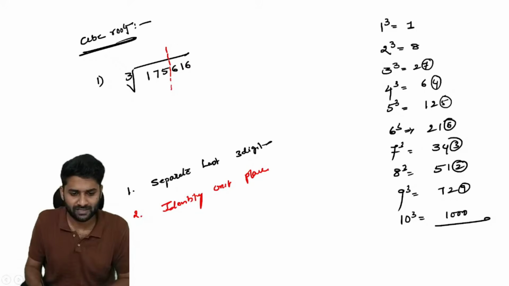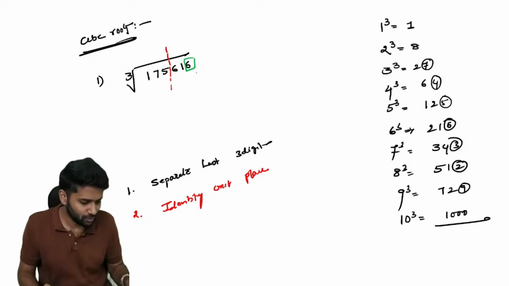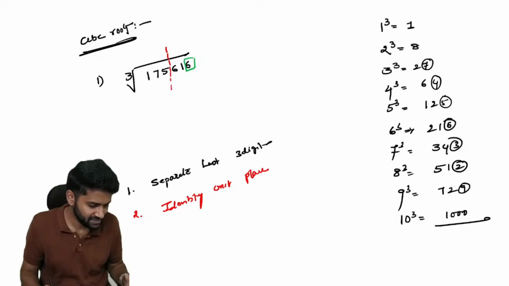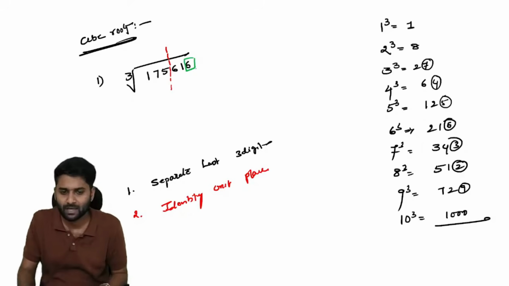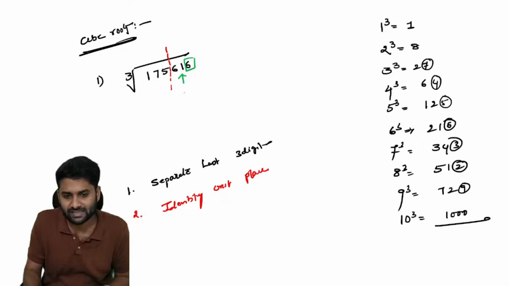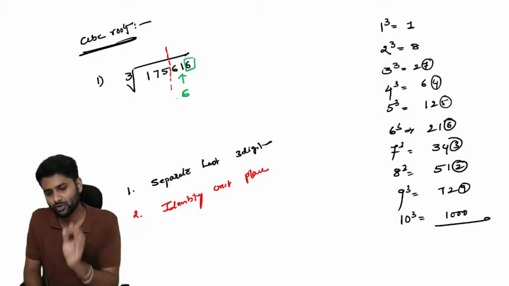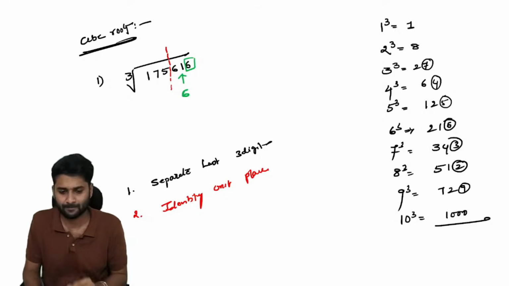What is the units place here? The units place is 6. In the square root concept, each units place is repeated two times. But in cube root, it is only repeated once. Now 6 as a units place comes from 6. So definitely in the perfect cube value, the units place answer must be 6.